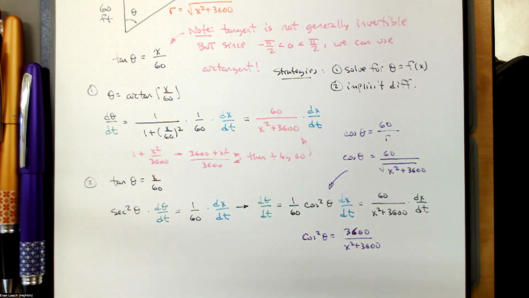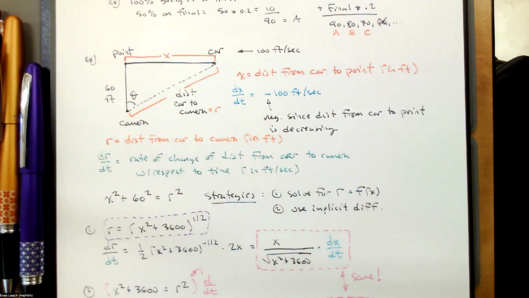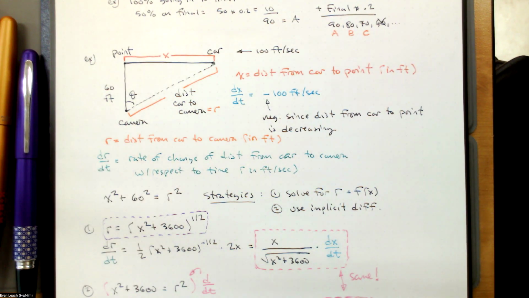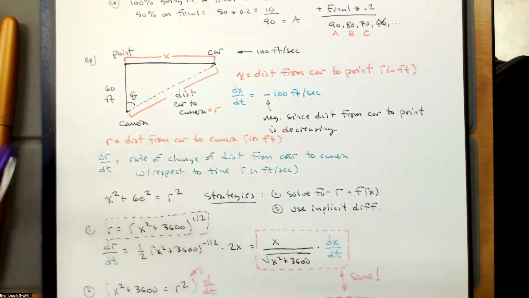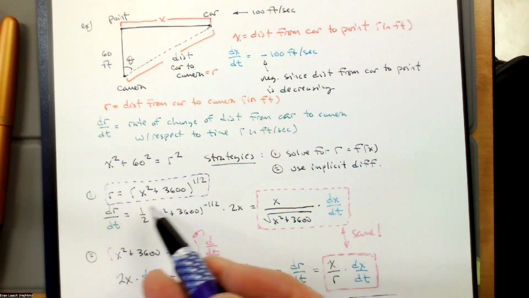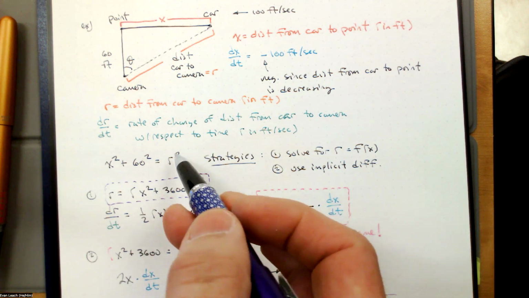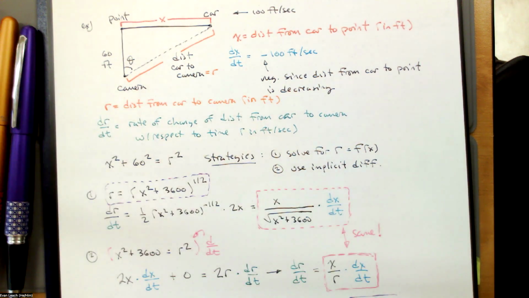One thing I should note is that in the second half of the problem, we were concerned about where tangent was invertible. And since theta was only going to be between negative 90 and 90, it was okay to invert. In this case, when we write r as the square root of x squared plus 3600, we do have to note that we're taking the square root, and r squared is not an invertible function.